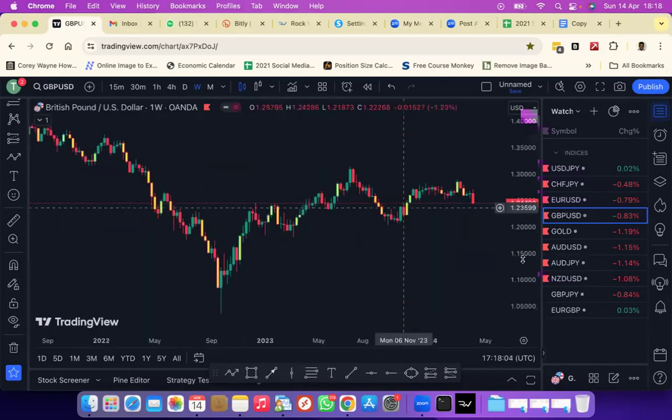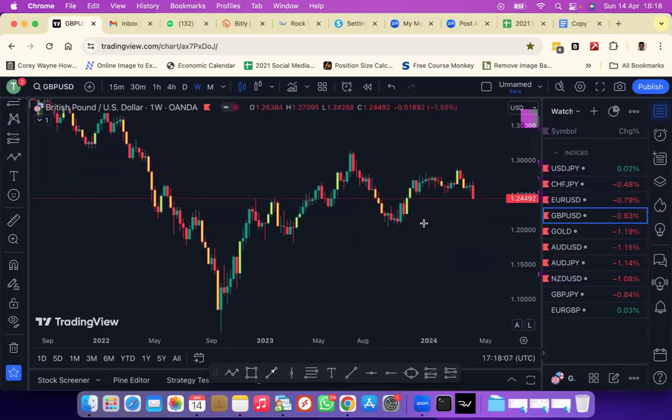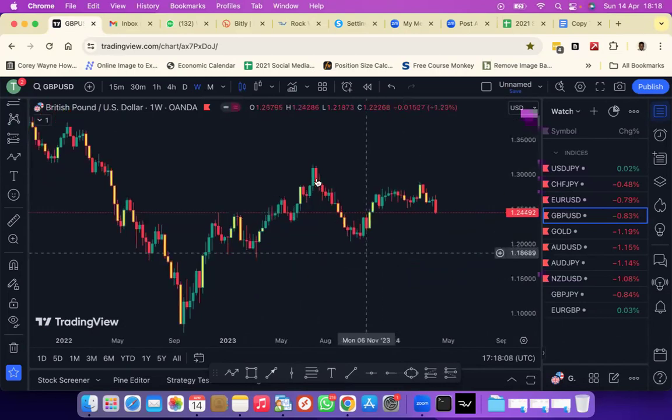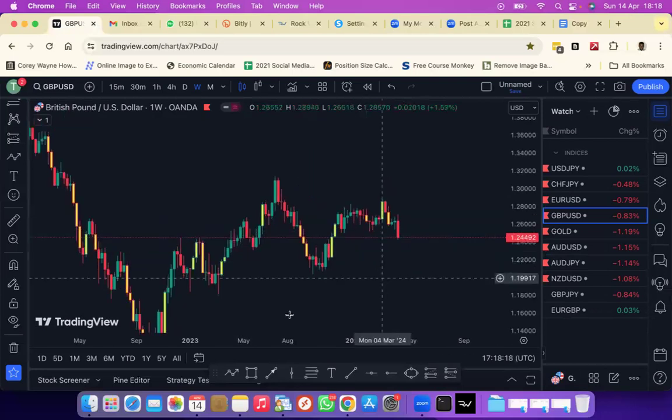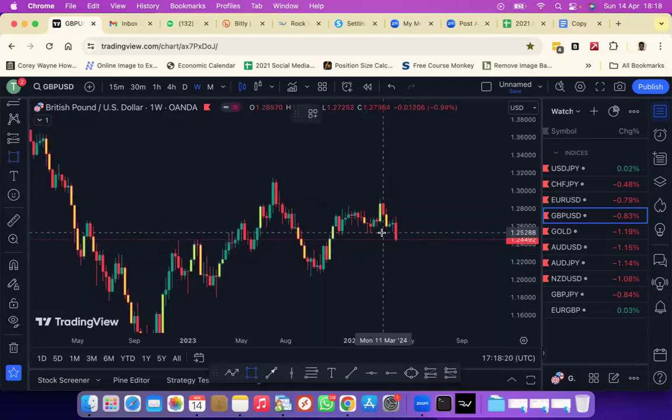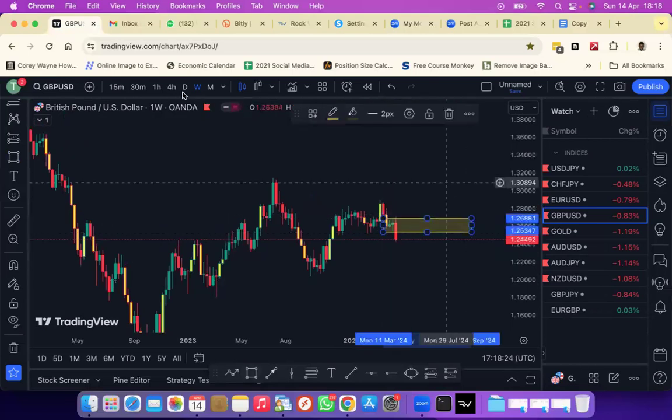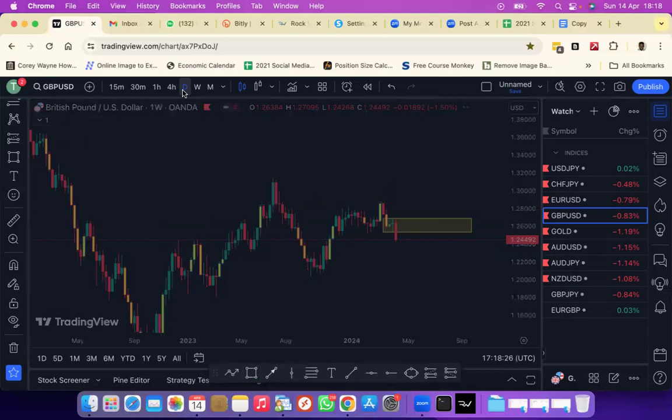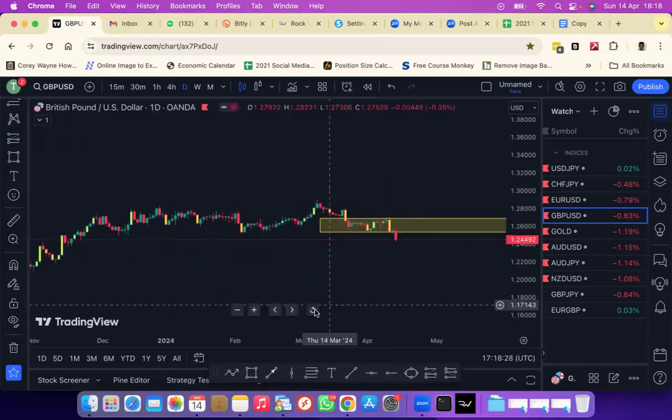Okay, so something similar you can see on the weekly time frame, price is bearish. Let's go to daily time frame. It should be a bit clearer.